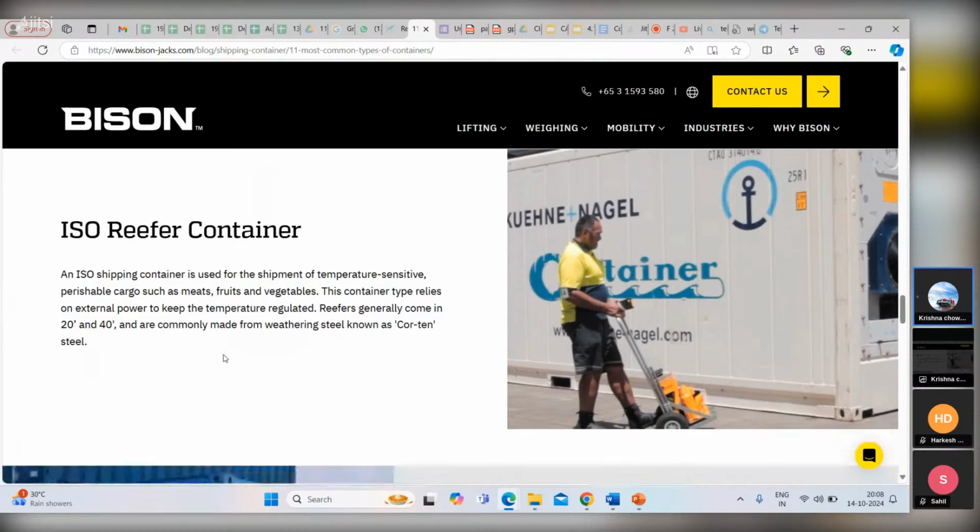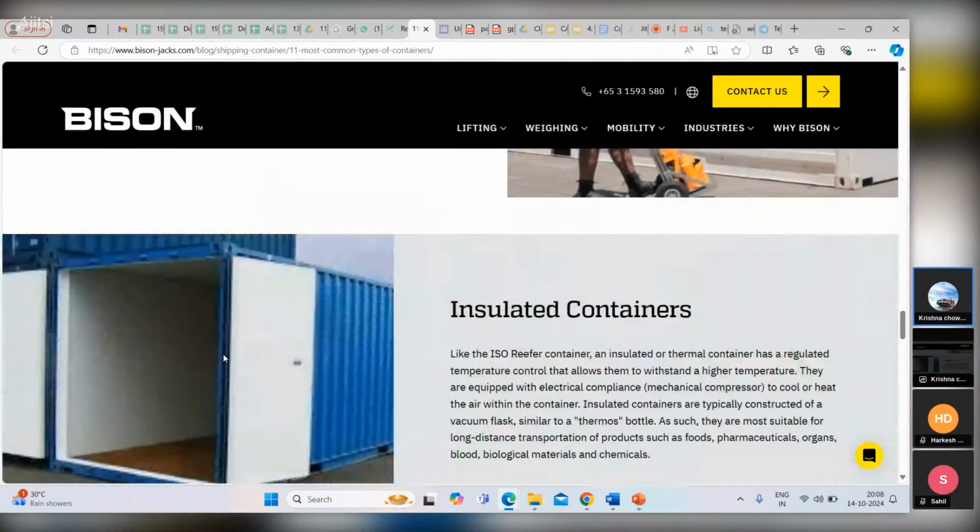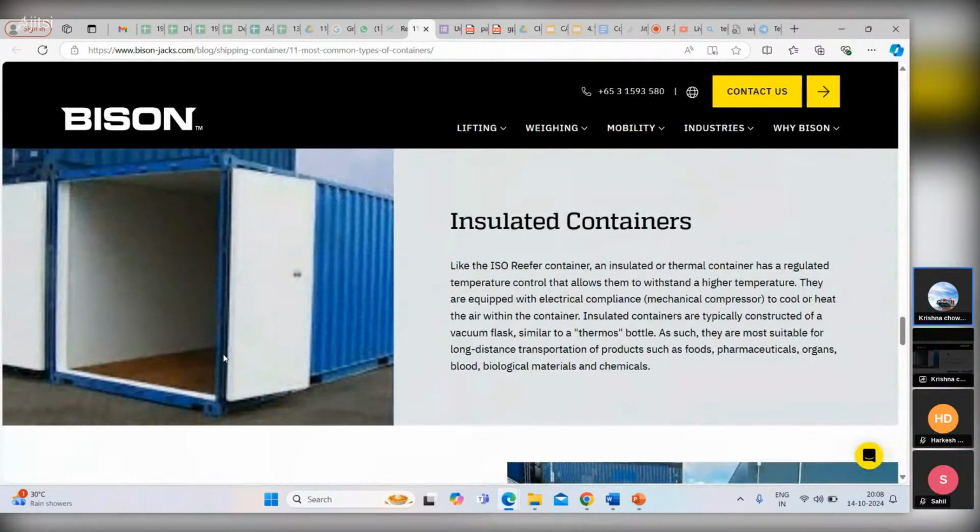Then you have insulated containers. Like the ISO reefer container, an insulated or thermal container has a regulated temperature control that allows it to withstand a higher temperature. They are equipped with an electrical mechanical compressor to cool or heat the air within the container. Insulated containers are typically constructed like a vacuum flask, similar to a thermos bottle.